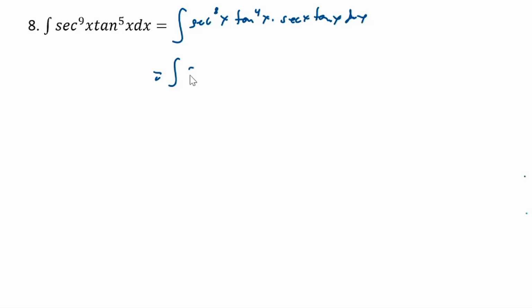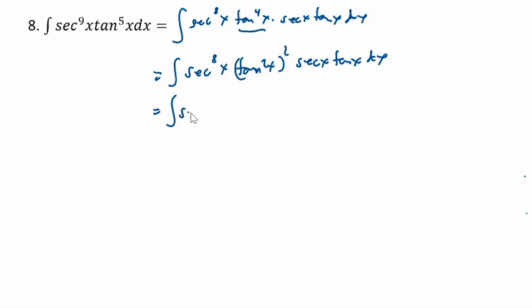Next, we factor out the tangent to the power of 4 of x, and that can be written as tangent squared of x to the power of 2 times secant x tangent x dx.